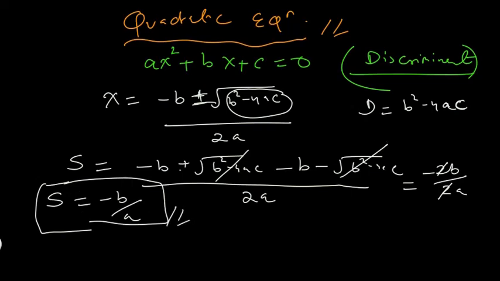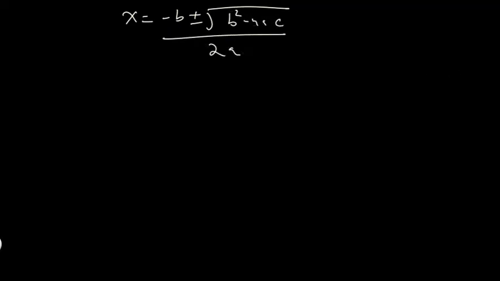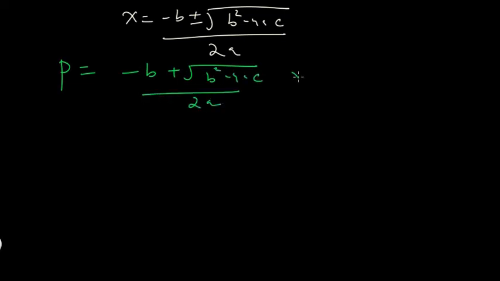How do we find the product of the roots? It's simple. Since we know that x is equal to minus b plus or minus under root b square minus 4ac by 2a, to find the product p we have to multiply: minus b plus under root b square minus 4ac by 2a, times minus b minus under root b square minus 4ac by 2a.